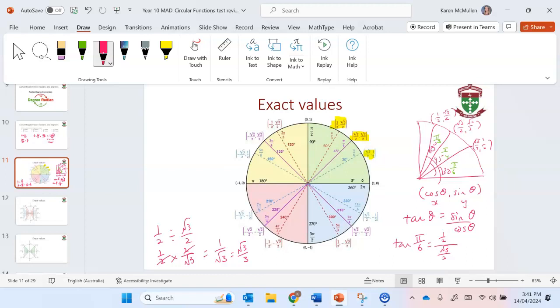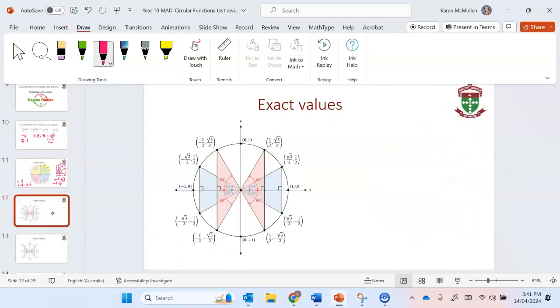Now, some people just remember the triangle, so that's why I've put this one in here. So if we were to have a look at 30 degrees, and that's 1, and this is your hypotenuse, this is your opposite, and this is your adjacent.